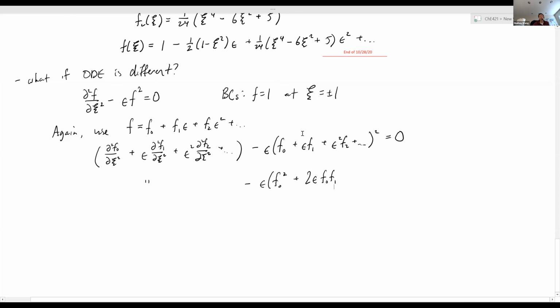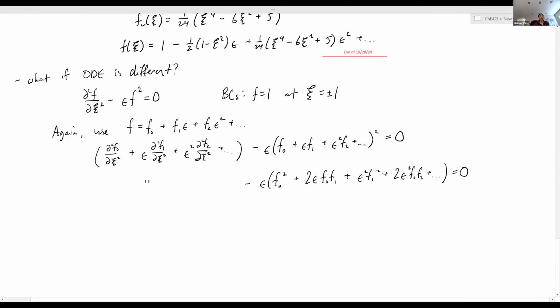For the epsilon squared term, for instance, it might be a little bit more complicated. You would get it when you multiply this times this, and then of course this times this, right? And then you would also get it if you were to multiply this term by itself. So you would get something like epsilon squared f1 squared plus 2 epsilon squared f0 f2, etc. Like that, right?